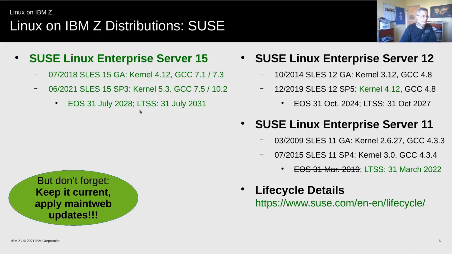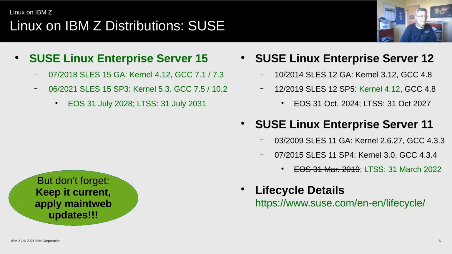You can always get some service contract extension, usually purchasable, and that gives you a couple more years to run the respective distribution. Now, since SLES 15 came out just 3 years ago, it's still got an awful lot of life left in it. So that's good till 2028, and you can get 3 more years in case you're purchasing a respective service extension.